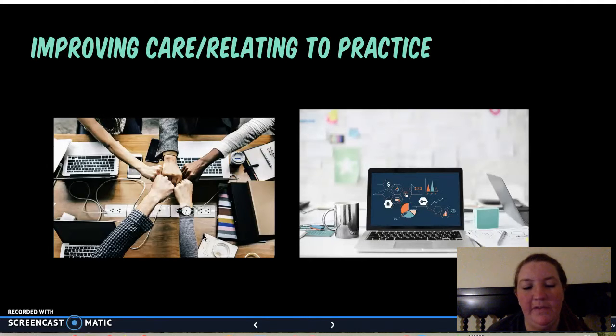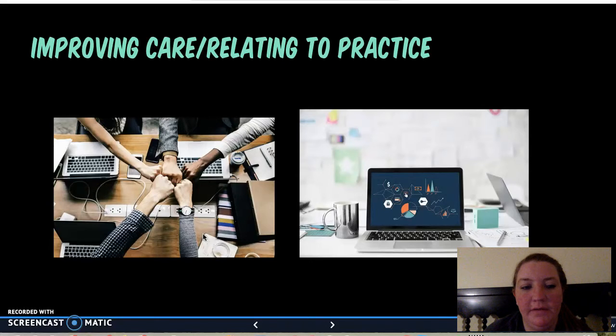Everything we do is to provide the best patient care, and so we really need to be using the data to ensure that our current practices are what's proven. If there's something better, let's find it. This is really what we need to be focusing on to take our practice to the next level.